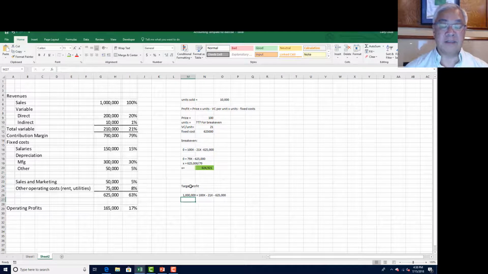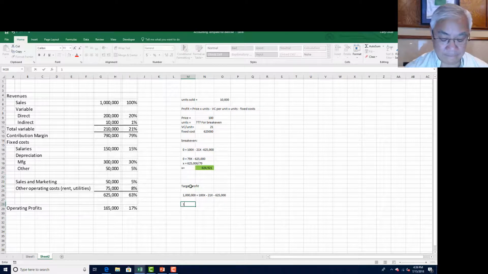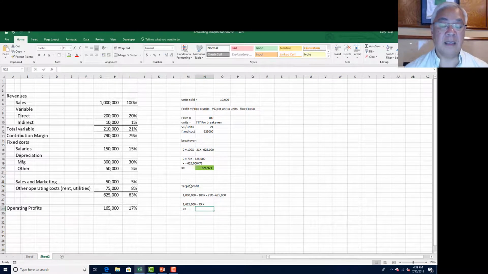We could do the same solving, just things we have done many times in algebra. Let's bring the whole numbers together, so that's 1,625,000 on the left side of the equation, and then on the right side we have 79X.